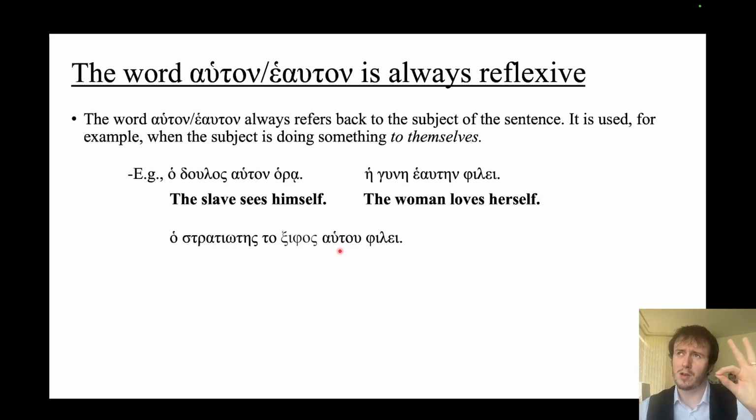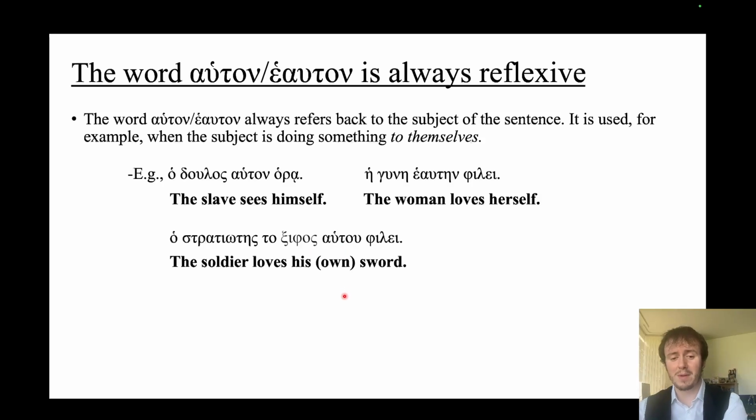It could in principle be neuter genitive singular, but the fact that the subject is masculine means it's going to be masculine genitive singular. It's going to be meaning himself, but we need to think about the case. Since it's in the genitive, we're going to say of himself. So literally it says, the soldier loves the sword of himself. But what that means is, the soldier loves his own sword.